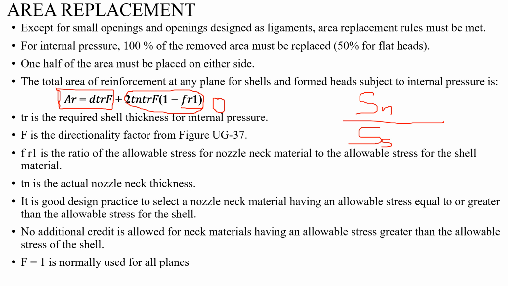So always remember, whenever you are selecting the nozzle material, select one which has an allowable stress value equal to or more than that of the shell. It is not compulsory, but it is good engineering practice.